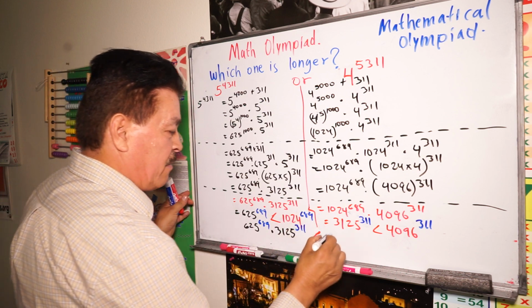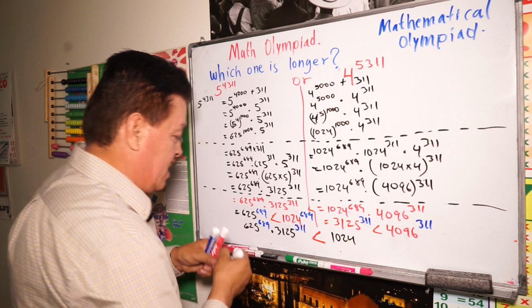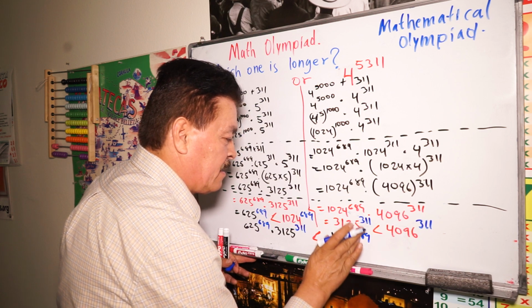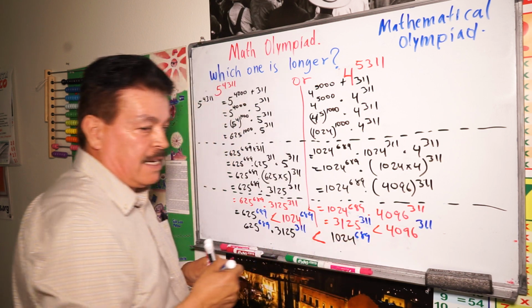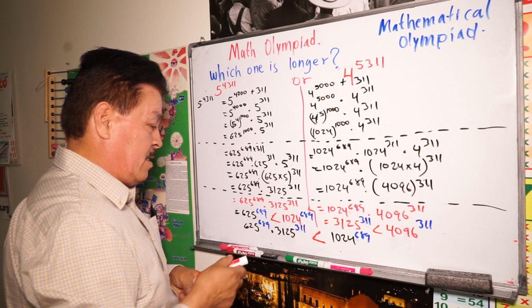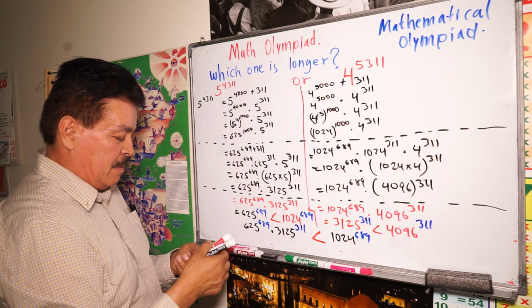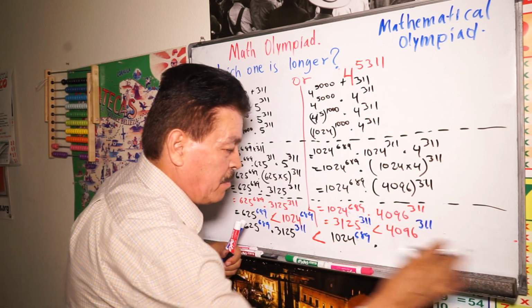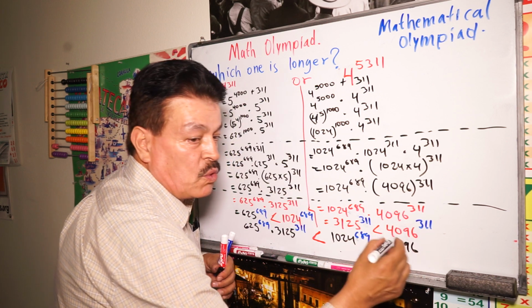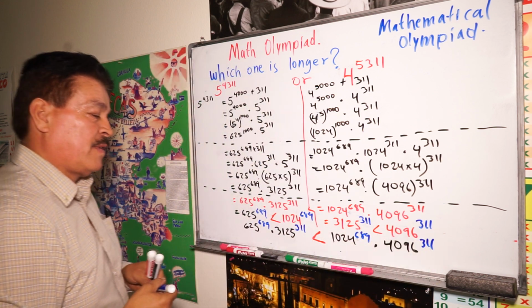The other side we're going to have 1024 to the 689 power times 4096 to the 311.